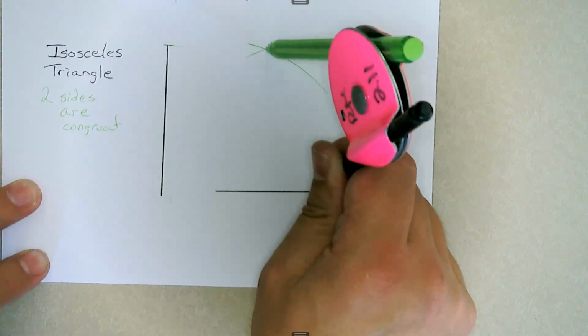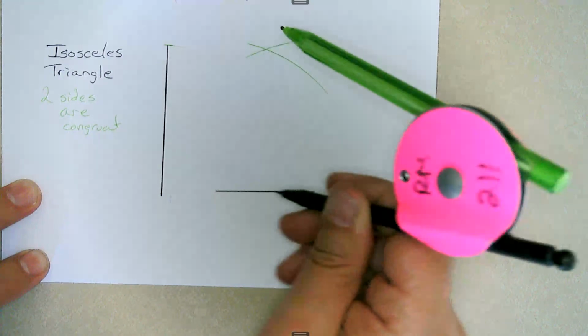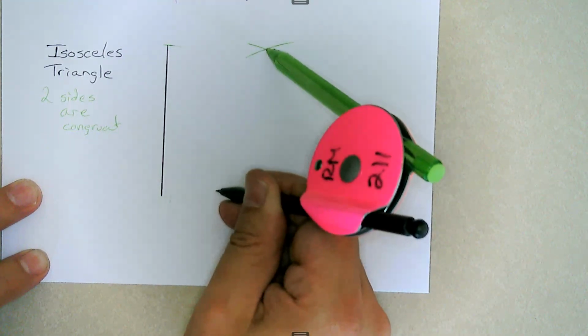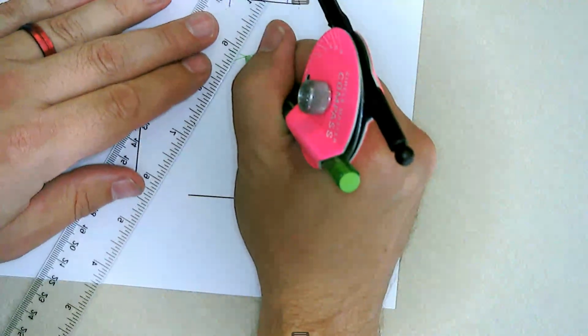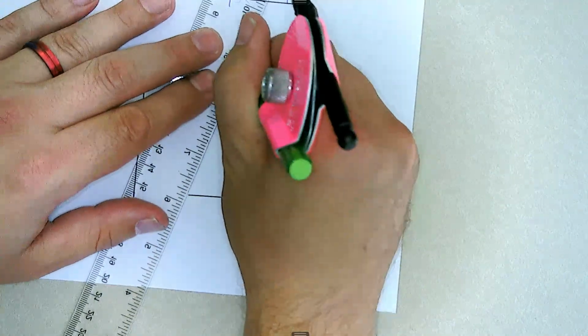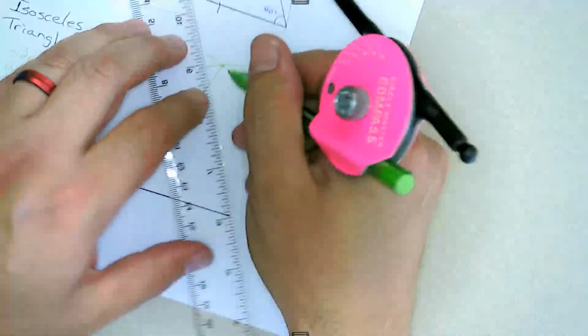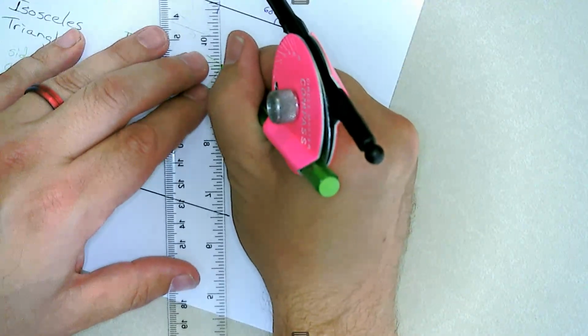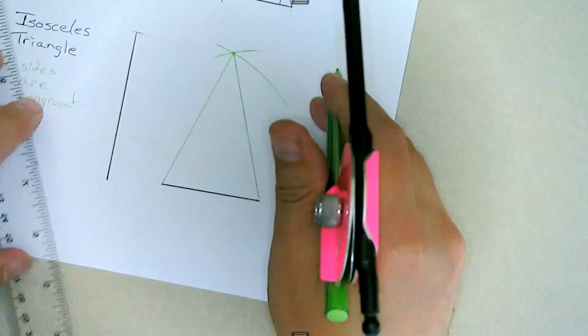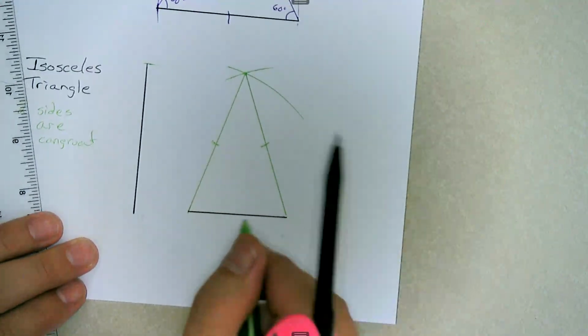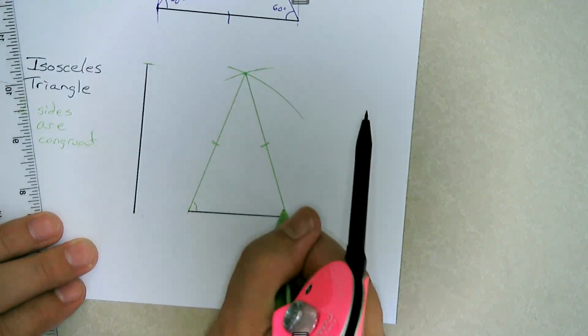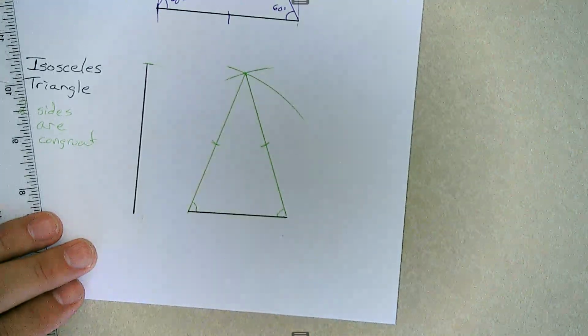The magic intersection point where this side will be the same length as this side is right here. And if I connect those, I get an isosceles triangle where this side is the same as this side, and that means this angle would be the same as that angle.